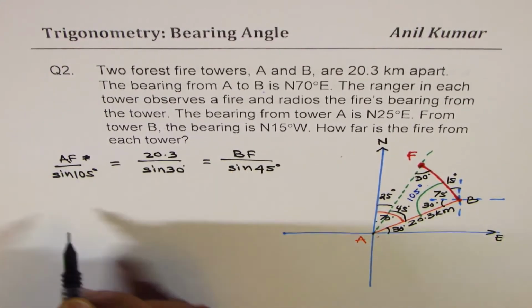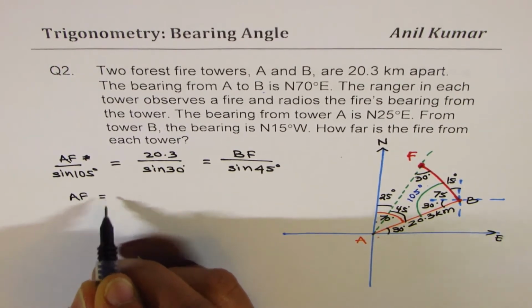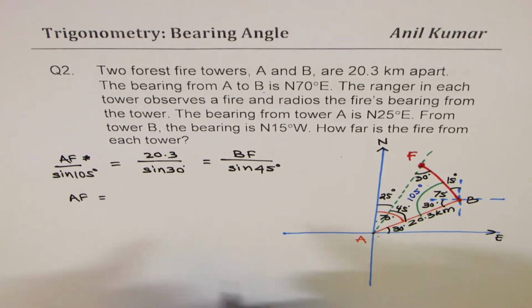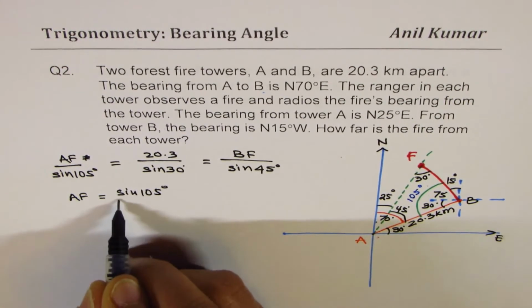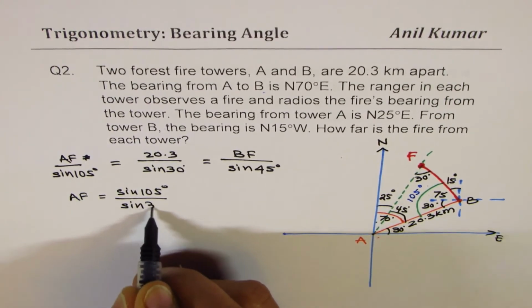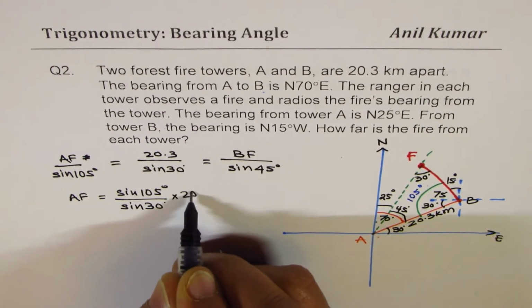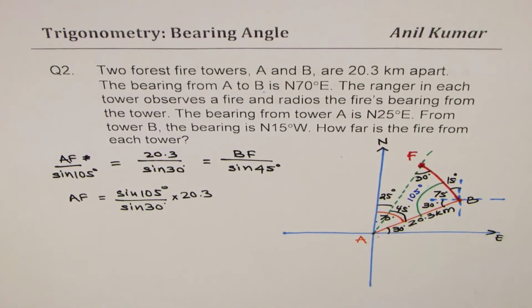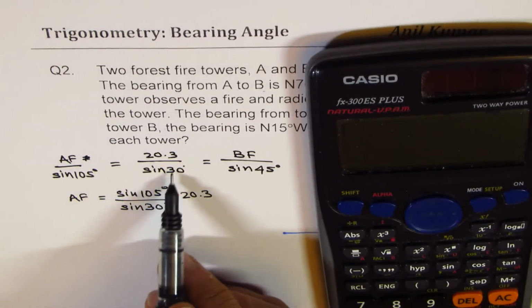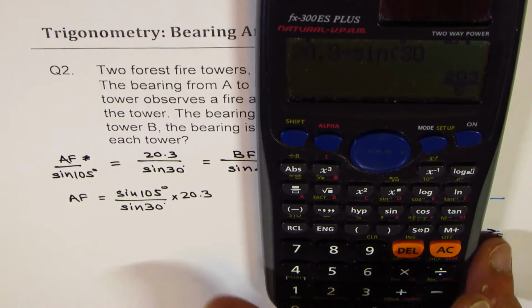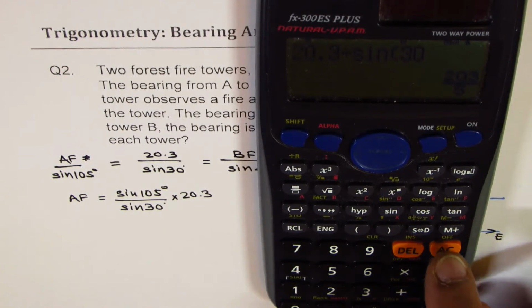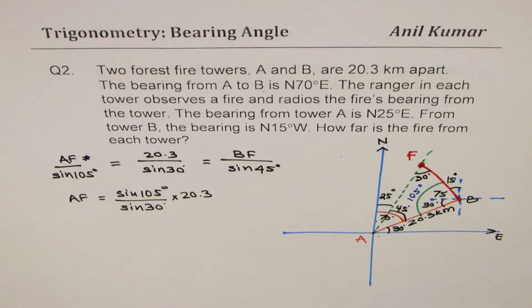So we can write what AF is. Distance of the fire from tower A is sine of 105 degrees divided by sine of 30 degrees times 20.3. You can actually calculate this ratio first, very easy to do, right? We'll do 20.3 divided by sine of 30, and that gives you in decimals 40.6.